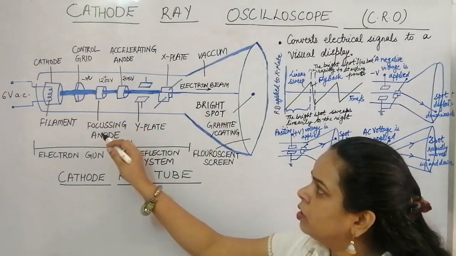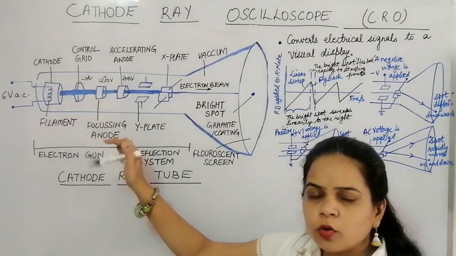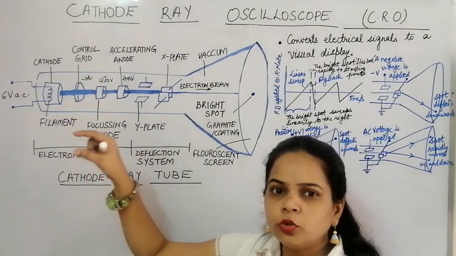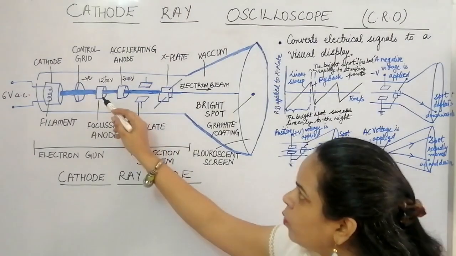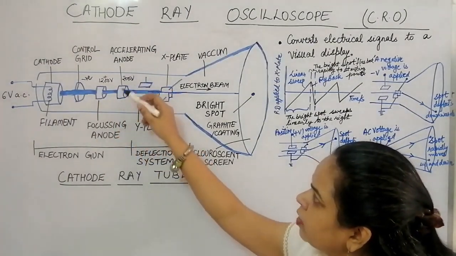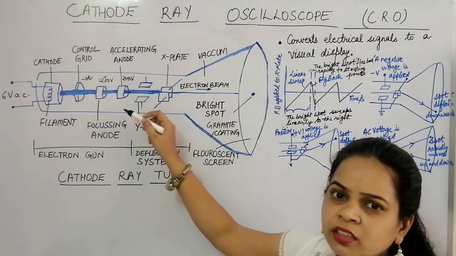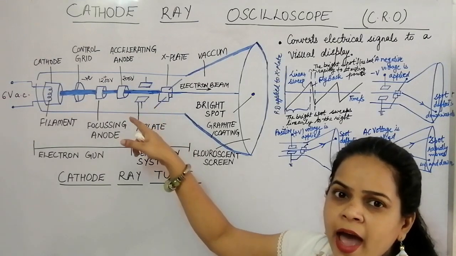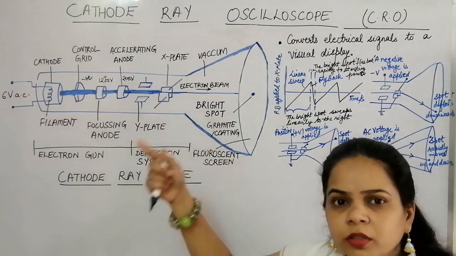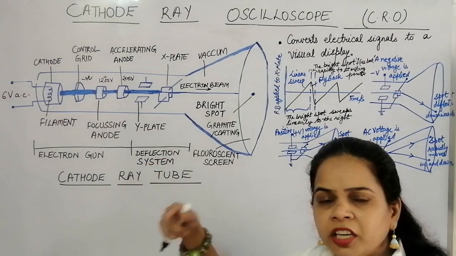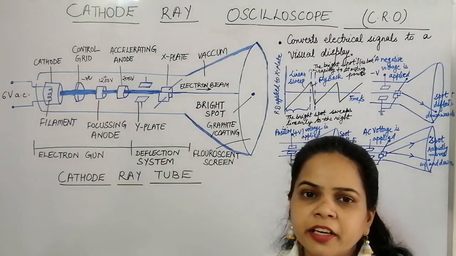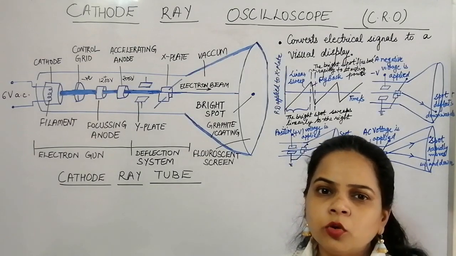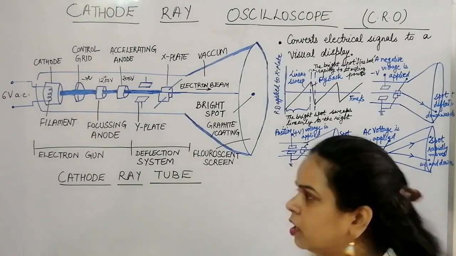The first anode, the focusing anode, is used to collimate the electron beam. When it goes to the second anode, the accelerating anode, this anode increases its kinetic energy so that the electron beam is accelerated and its velocity is increased.